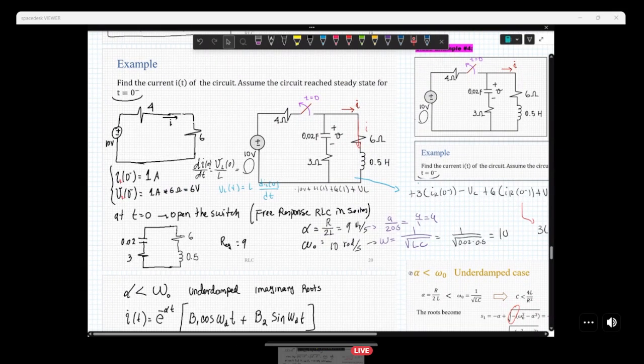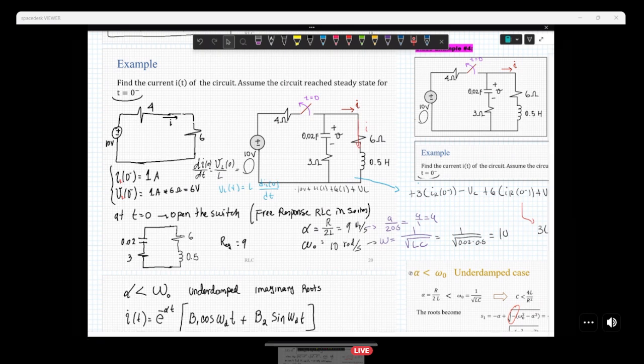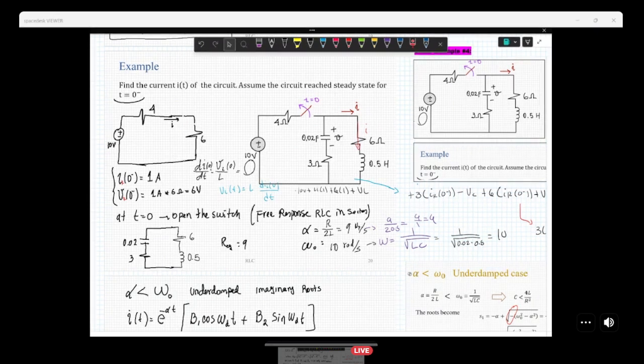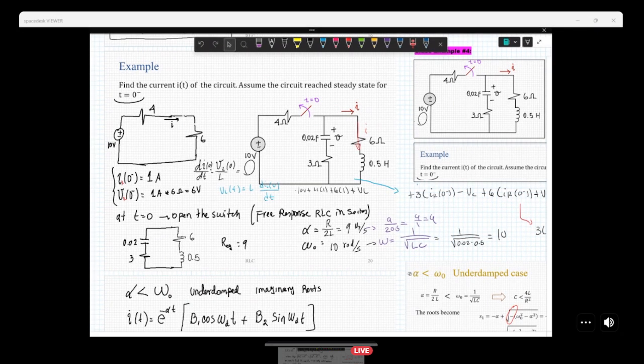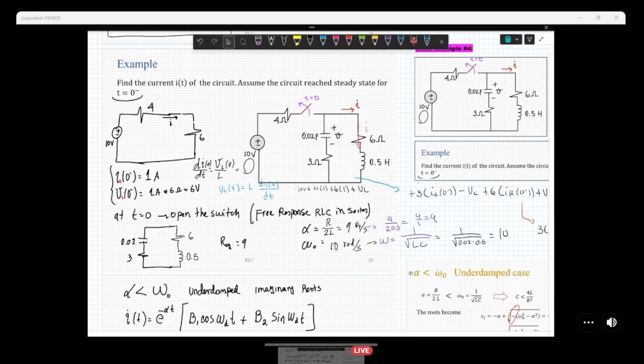Wait. What am I doing wrong? I messed up again.